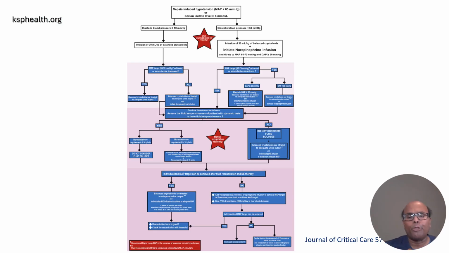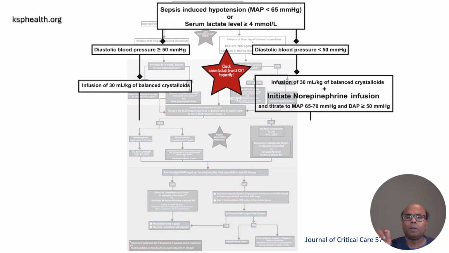Finally, we are going to walk through how to manage hypotension. The patient presents with hypotension, meaning MAP less than 65 or serum lactate level more than 4. If the diastolic blood pressure is more than 50, infuse 30 ml per kilo of balanced crystalloids.